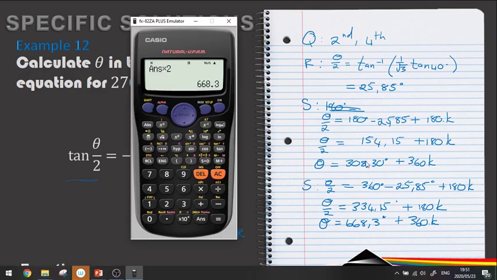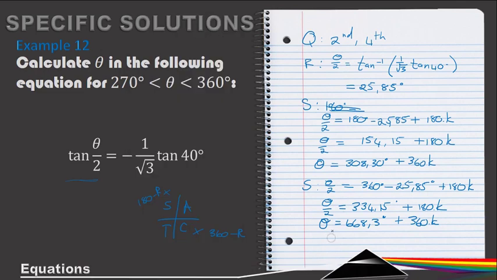So first of all, let's start with this one. We have 308.3 plus the 360k. Now, if I put in 0, then my first solution will be this 308.3. That lies between these values, so I can say that theta is equal to 308.30.